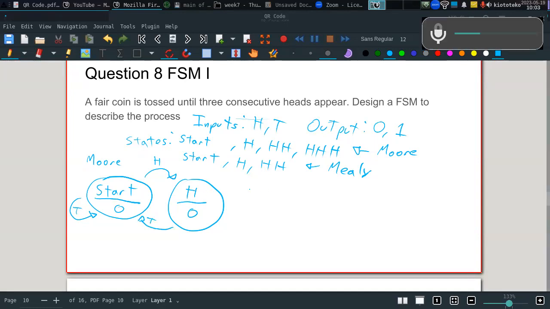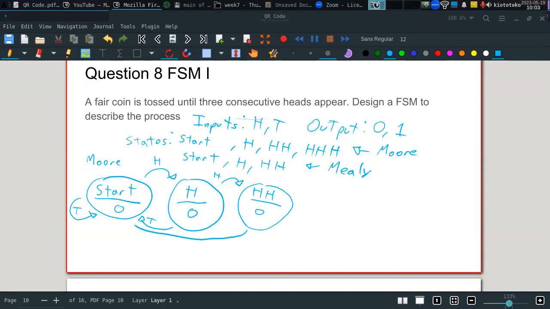If we already have a heads and get another head, we go to this state, but it's still 0. If we got a tails, well, we reset this, no? Because this only applies when we have 3 consecutive heads. We have 3 heads. Well, that's the ending condition.